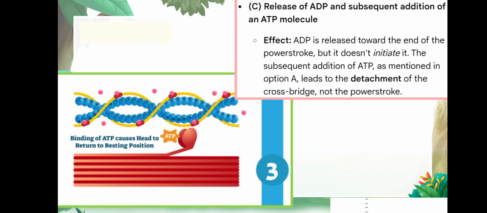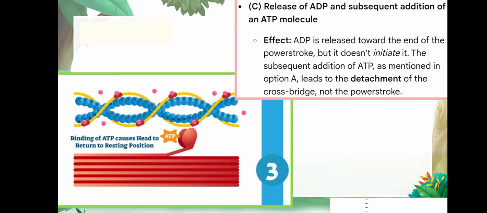ADP is released toward the end of the power stroke, but it does not initiate it. The subsequent addition of ATP, as mentioned in option A, leads to the detachment of the cross bridge, not to the power stroke. Addition of ATP molecule releases the myosin molecule from the actin, and it does not initiate the power stroke, isn't it?